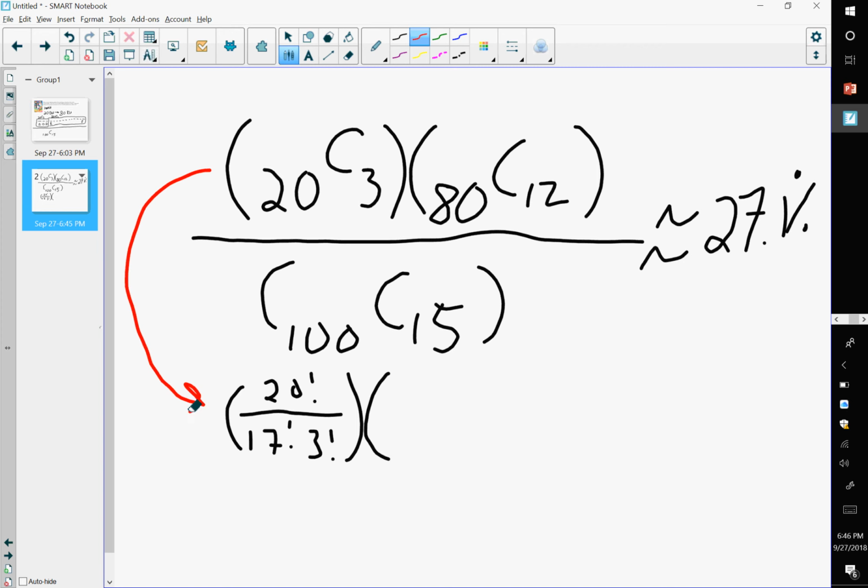Now to set up the 80 choose 12, we have 80 factorial over 80 minus 12, which is 68 factorial, and then we're going to multiply that by 12 factorial because the order doesn't matter. And that is this one.